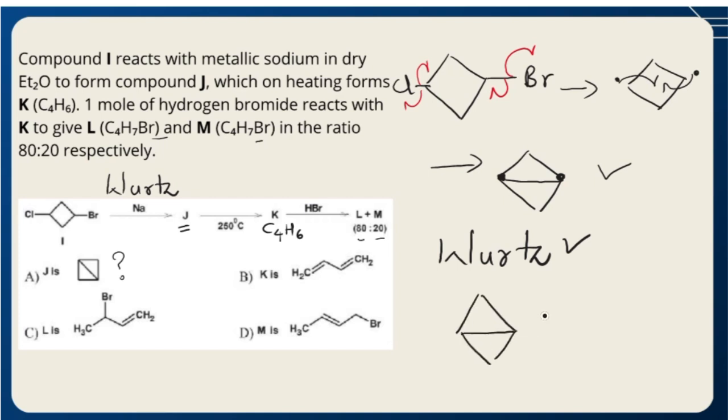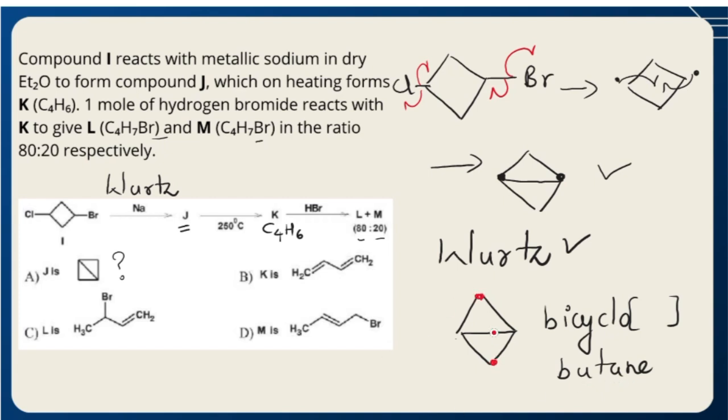And how to name bicyclo compounds? Very simple. You write down bicyclo first and then write a square bracket. Forget about it for now. Count the number of carbons. 1, 2, 3, 4. 4 generally we call it as a butane. So write that part. So it's a bicyclobutane. But how many carbons are there on each ring?